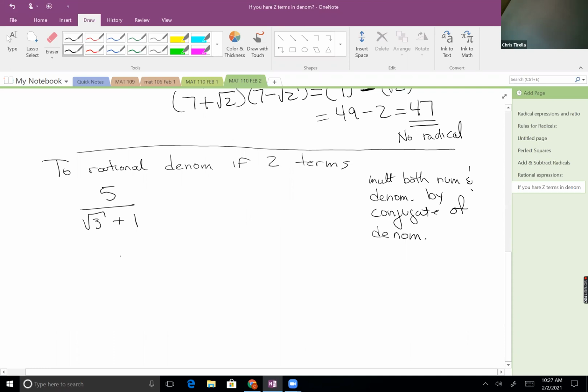So, what does that mean? If I have 5 over radical 3 plus 1, I want to multiply the numerator and denominator by the same thing. To find the conjugate of radical 3 plus 1, it'll have that radical 3, it'll have that 1, but it'll have the opposite sign in the middle, radical 3 minus 1. And again, whatever I multiply the denominator by, I've got to do exactly the same thing in the numerator.